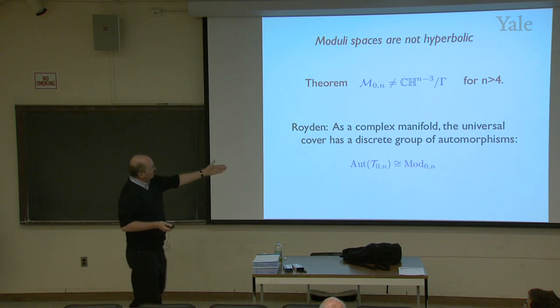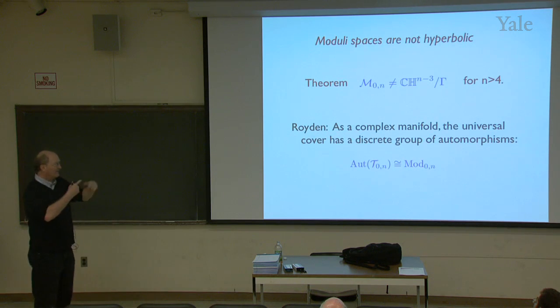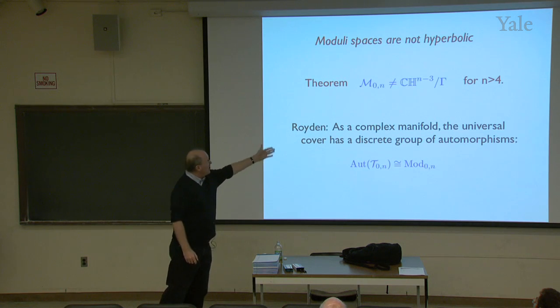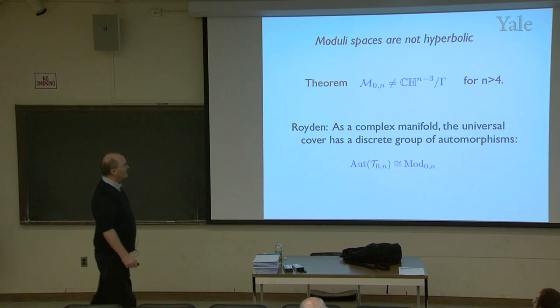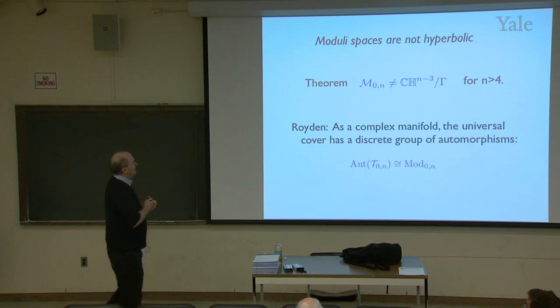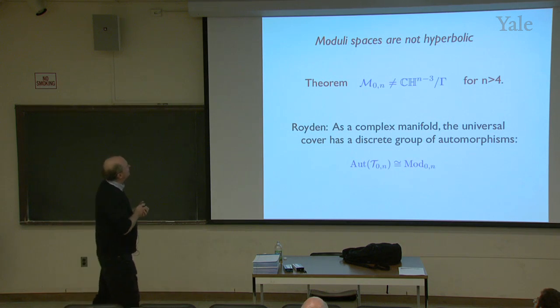In fact, the automorphisms just come from the mapping class group of the n times punctured sphere. That is, roughly, they come from the braid group. And consequently, there's no homogeneity to the universal cover. In fact, the universal cover is as inhomogeneous as possible. So my original question is foundering, but just for a moment.